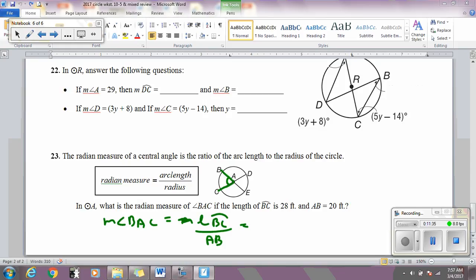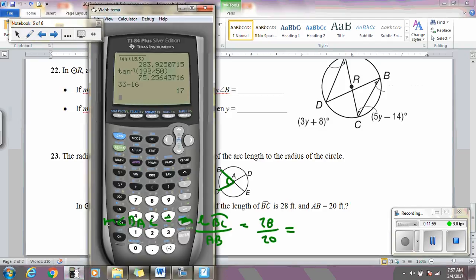All right. So they give us the length of arc BC. They tell us it's 28 feet. They give us the radius AB, which is 20. So you're taking 28 divided by 20. Grab your calculator, carry out the division, and we're done.